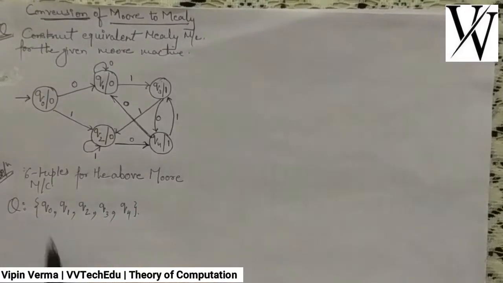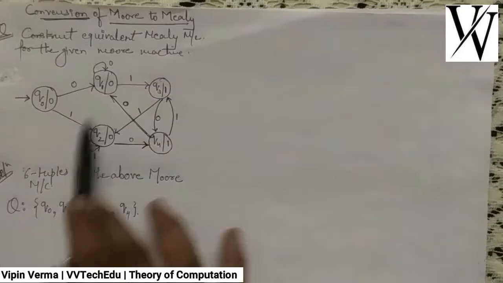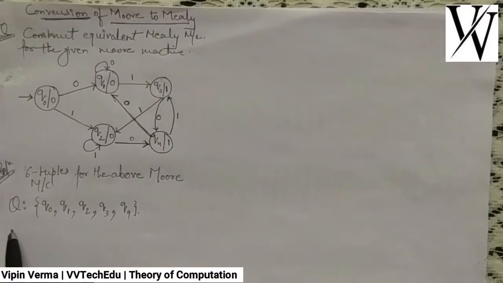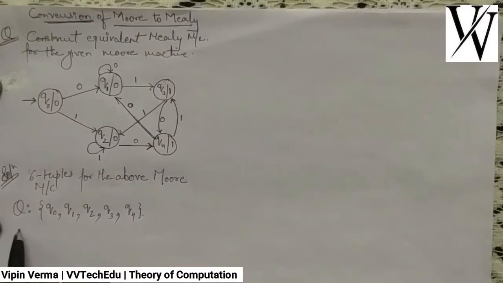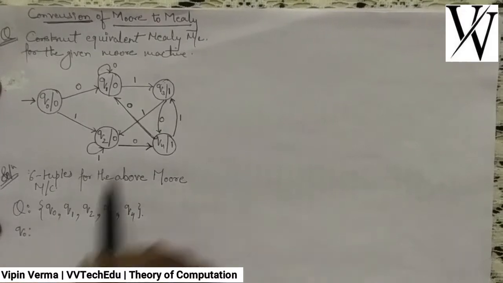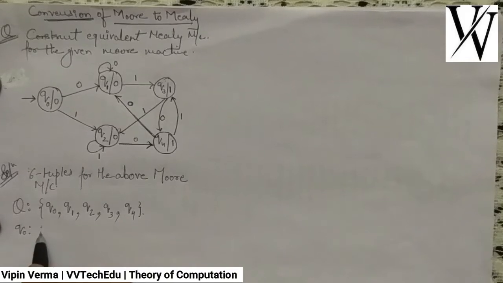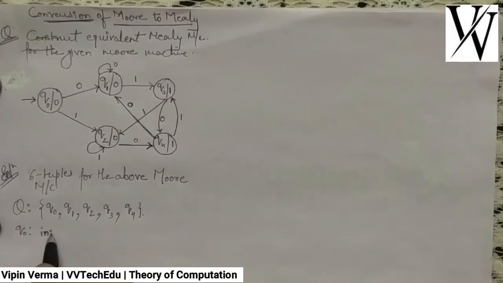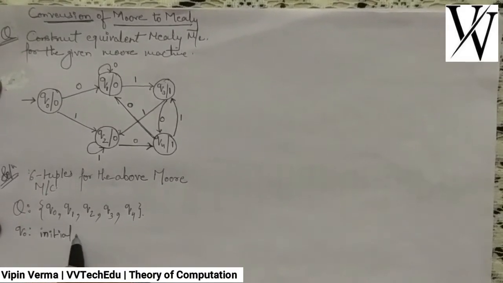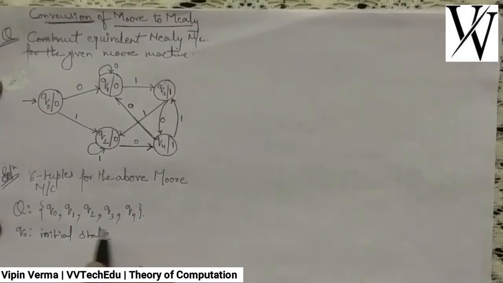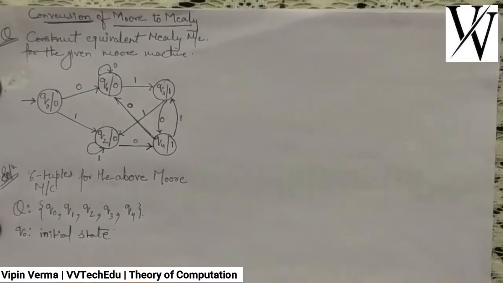This is what we call the set of states belonging to the given machine. Then the next is we need to specify the initial state. In this machine we have the initial state as Q0. So this is what we call the initial state.